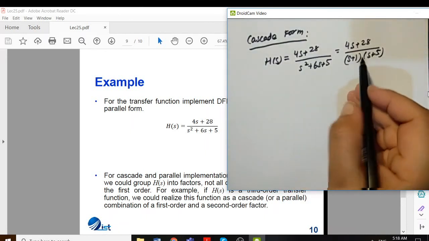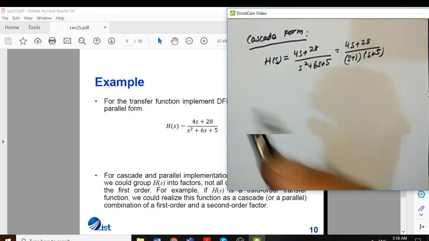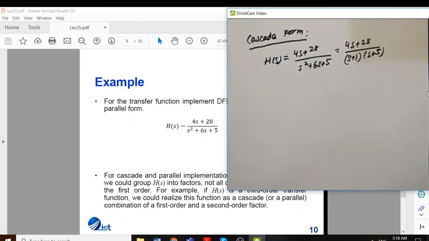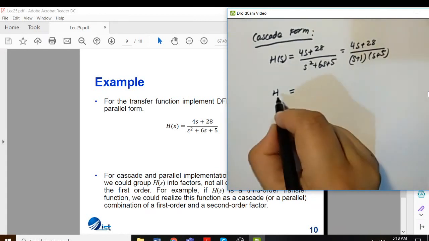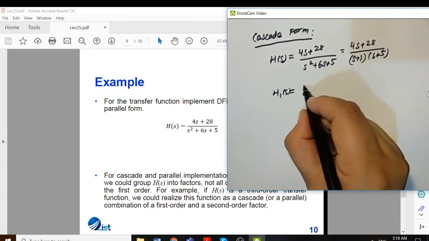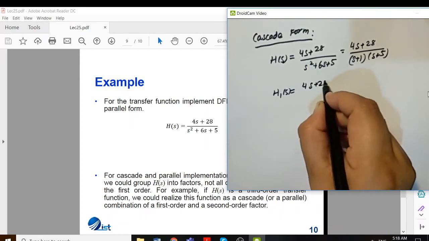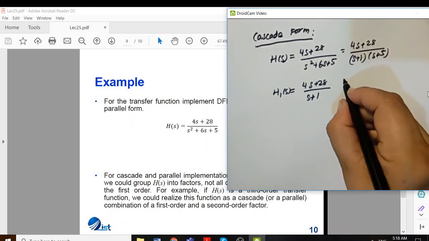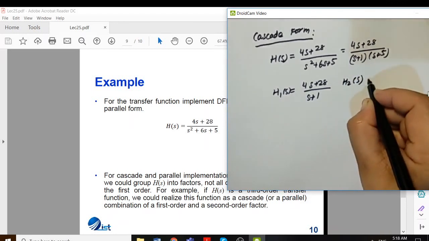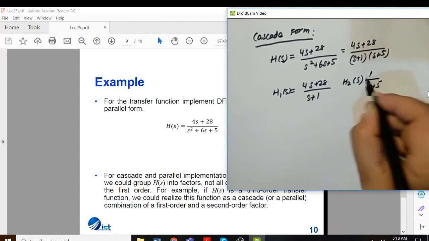Now any of these can be termed as H1 of s and any of these can be termed as H2 of s. I say that H1 of s is (4s plus 28) by (s plus 1) and H2 of s is 1 by (s plus 5).